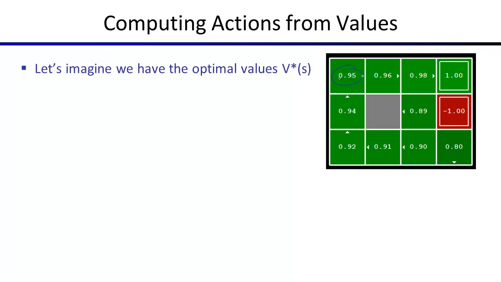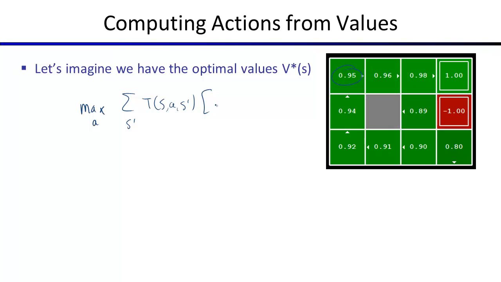So the way we extract an action given values is as follows. We say, well, we need to consider all actions, so we'll max over all actions. How good is an action? Well, for a given state, we don't know where we're going to go, so we sum over all next states S prime.